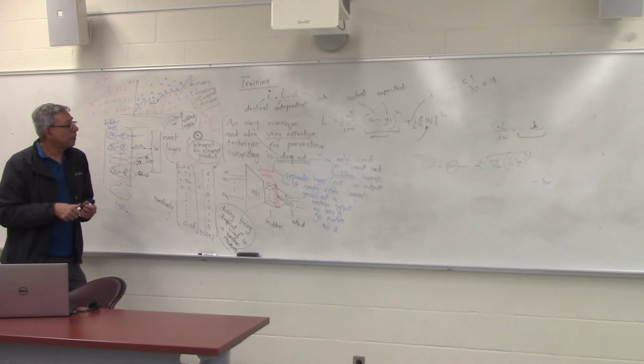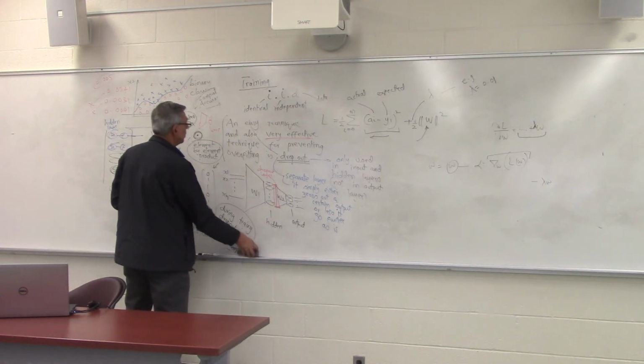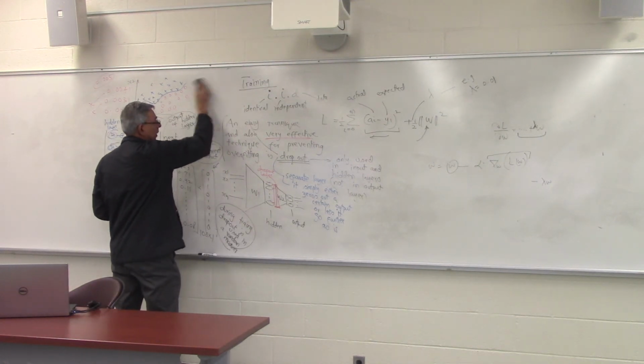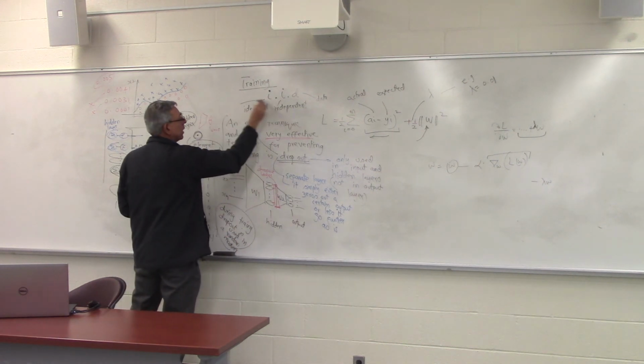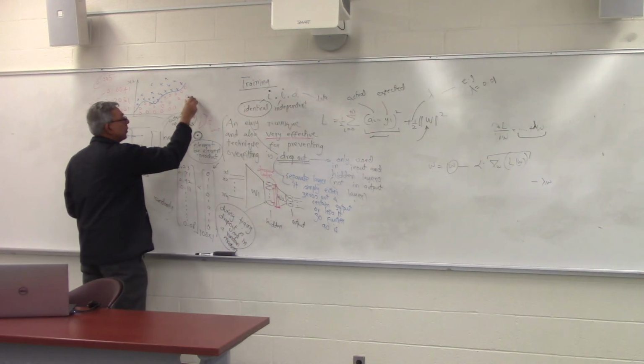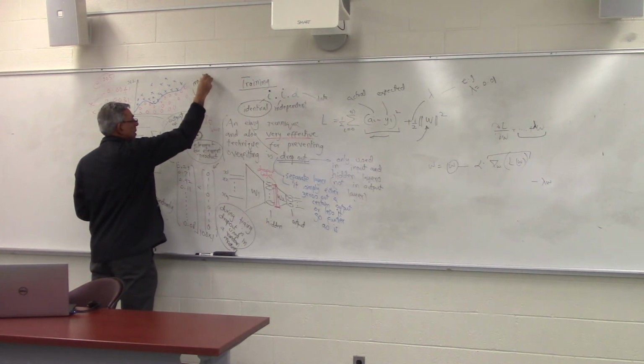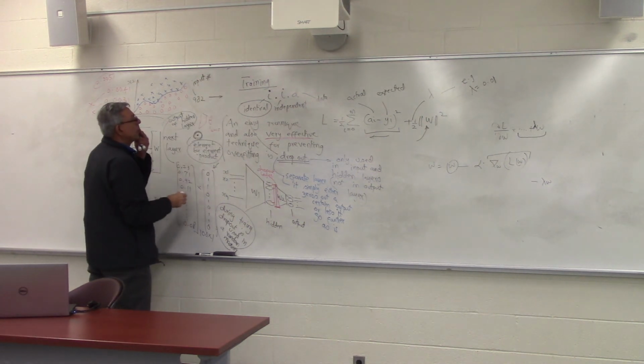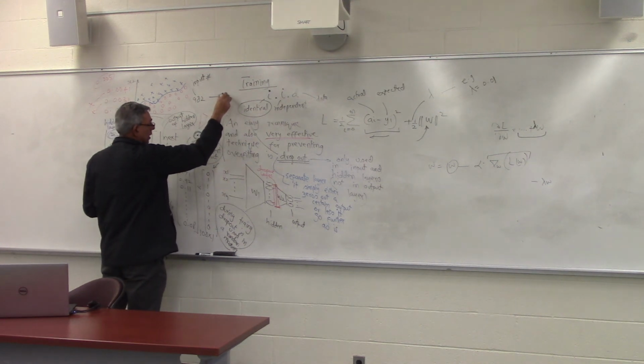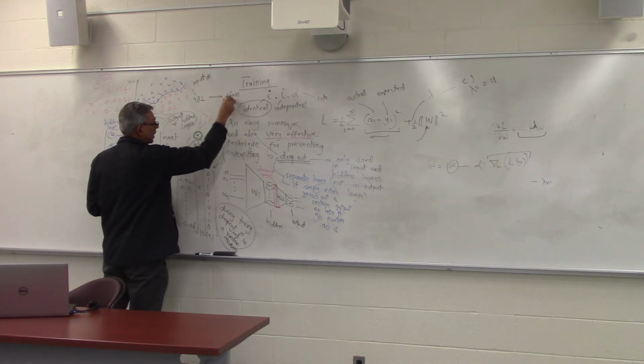Let me go through each part. What does identical mean? Let's say input number 982 was class 5.